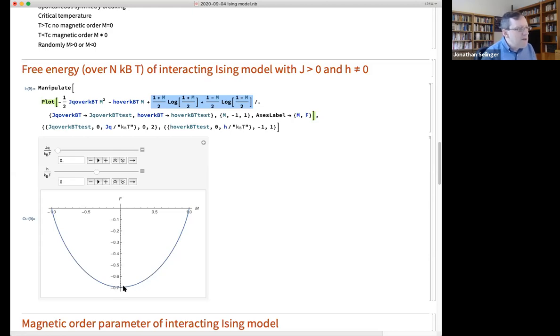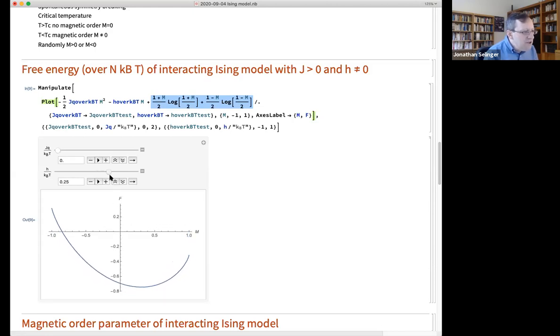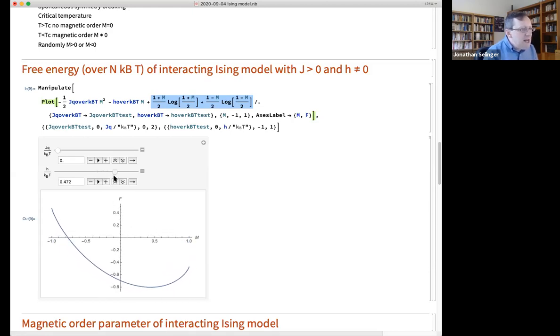And the minimum here is at m equals 0. Now, if I vary the magnetic field, you can see that the minimum shifts over to positive m or to negative m. That's what I showed you already for the non-interacting Ising model.